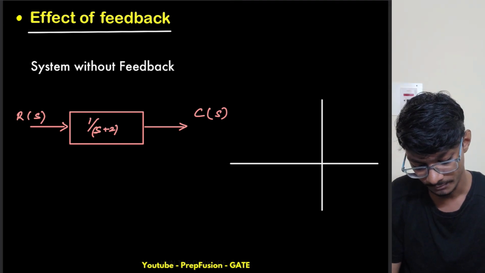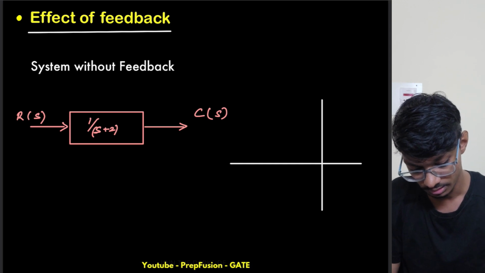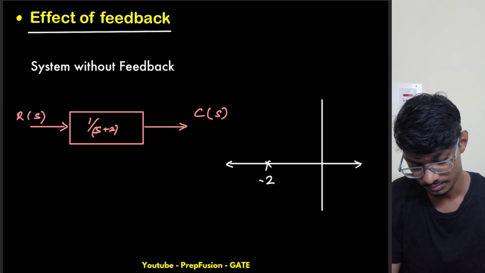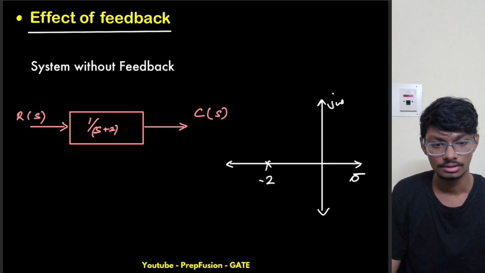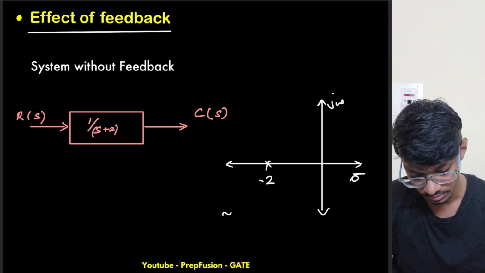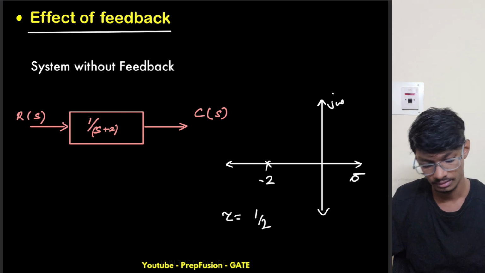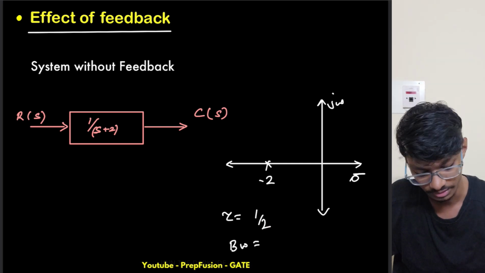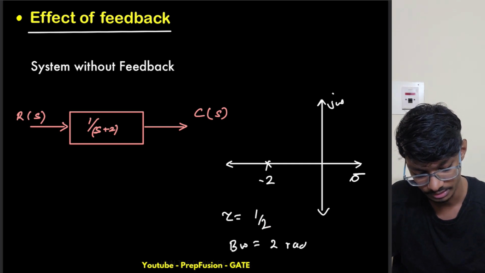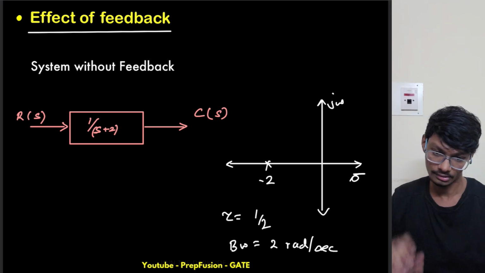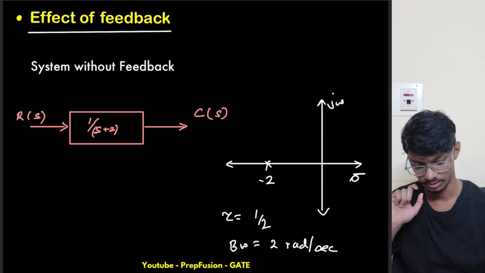We have one pole in the left half of the S plane. What is the time constant for this? It is 1/2. What is the bandwidth? For first order it is 2 radians per second. I will write this directly.